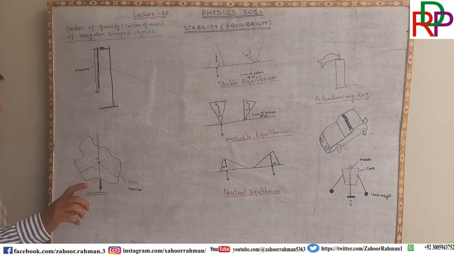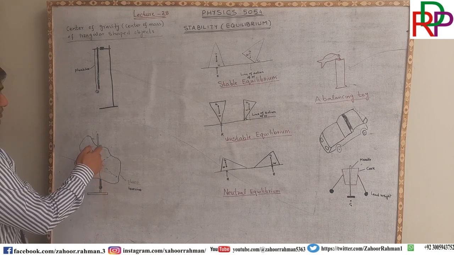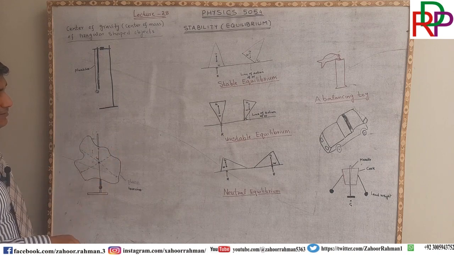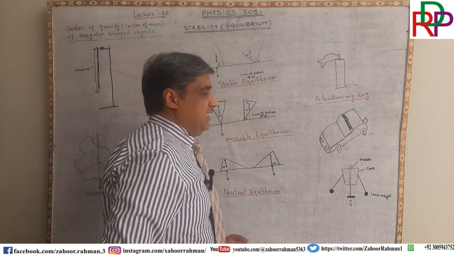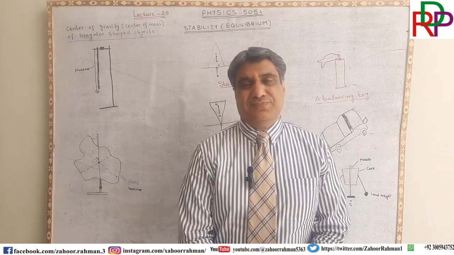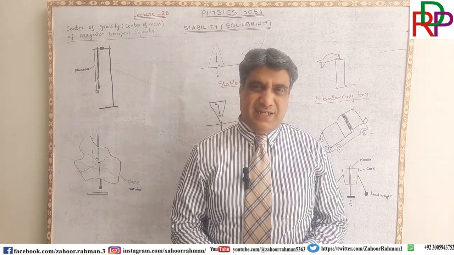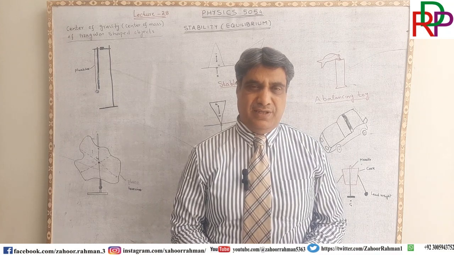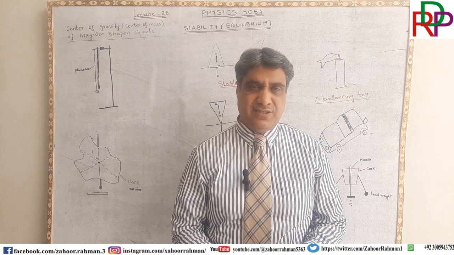The hole must not be too big, and the sheet must hang so that it can move freely. In this way you can find the center of gravity or center of mass of irregular shape objects.